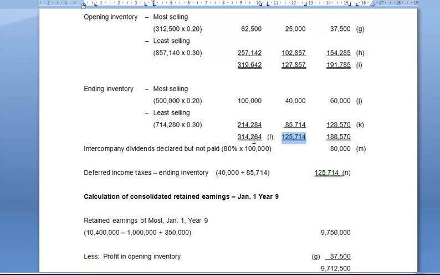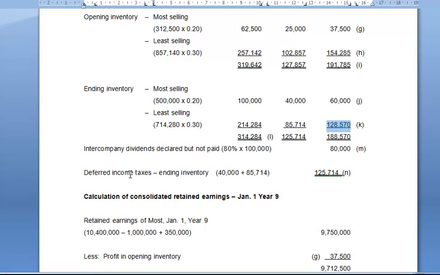All right. This has to be eliminated because this is profit that's sitting in the inventory that was sold intercompany, and so we're going to have to make adjustments in total of $60,000 plus $128,570 to the separate entity income of Most and Leased here in order to calculate the correct amount for consolidated net income.